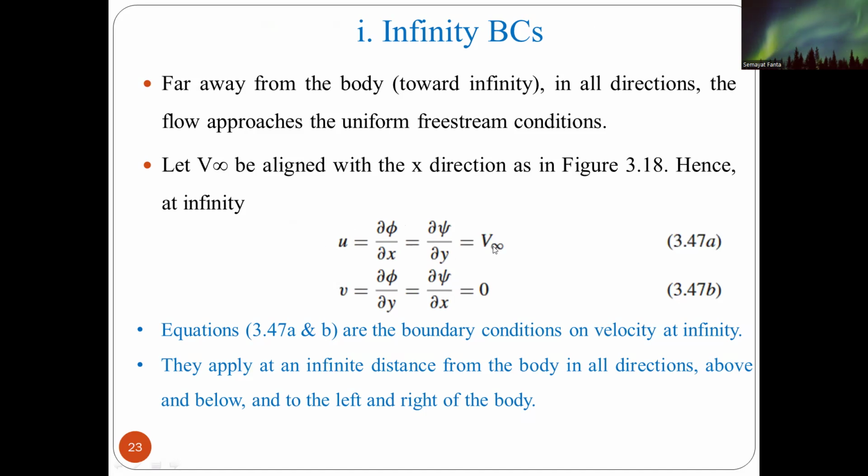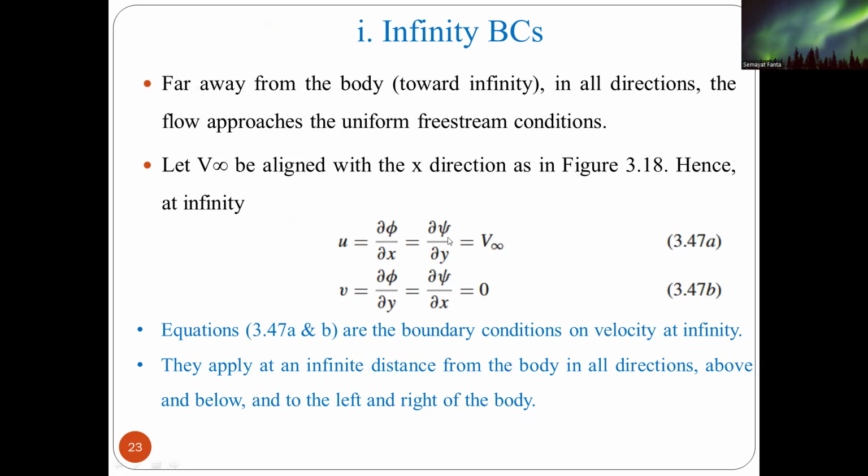So this is the free stream velocity V infinity, either d psi over dy or d phi over dx. The y component of velocity, v, which is d phi over dy, is equal to minus d psi over dx, which is equal to 0. So these are the infinite boundary conditions.